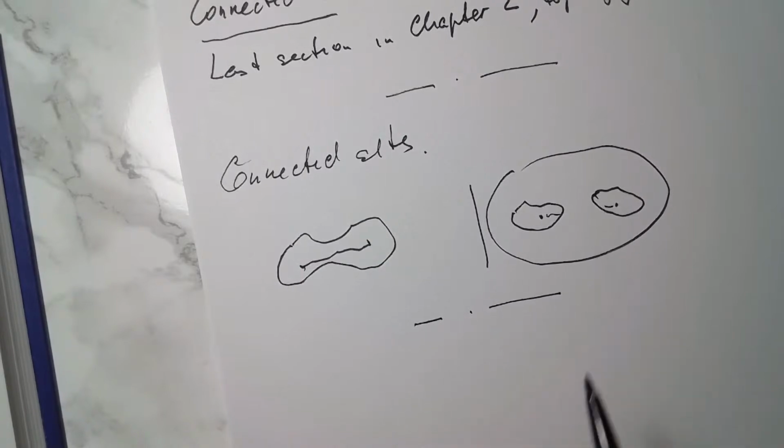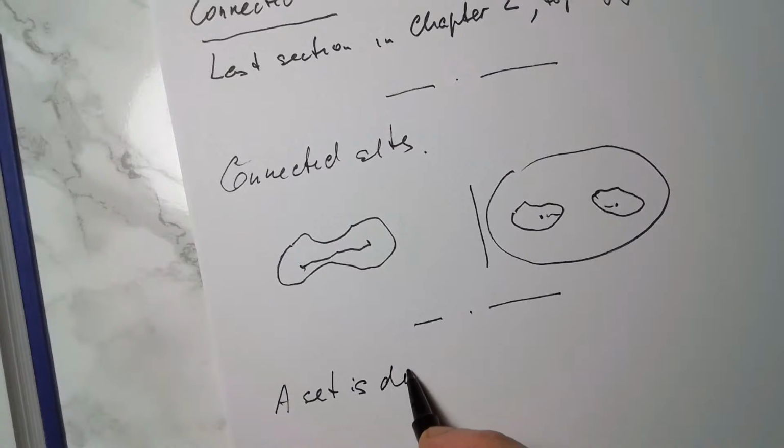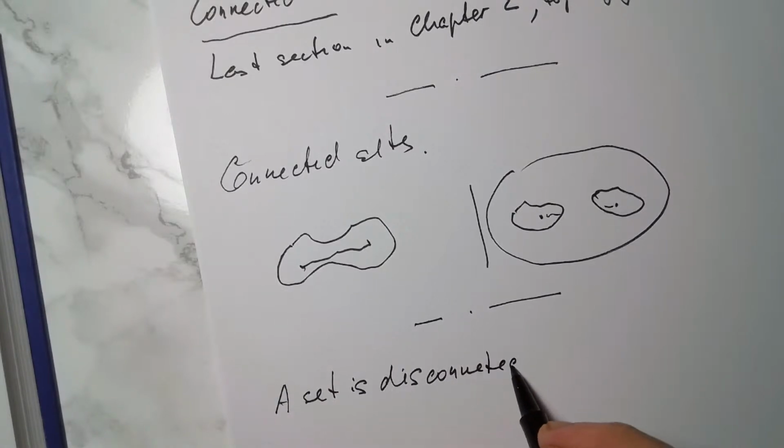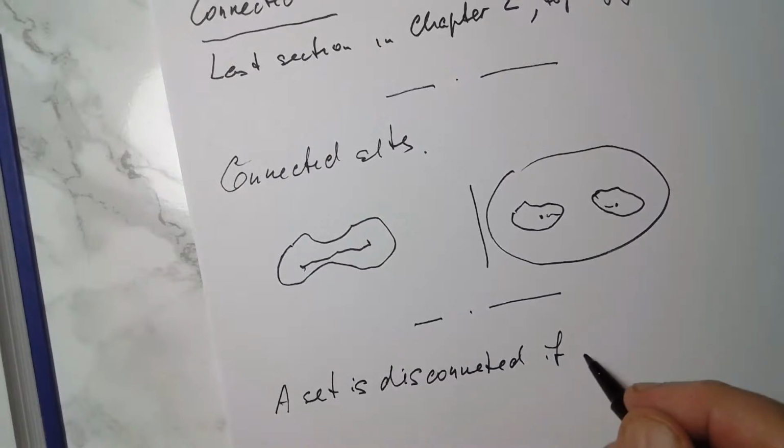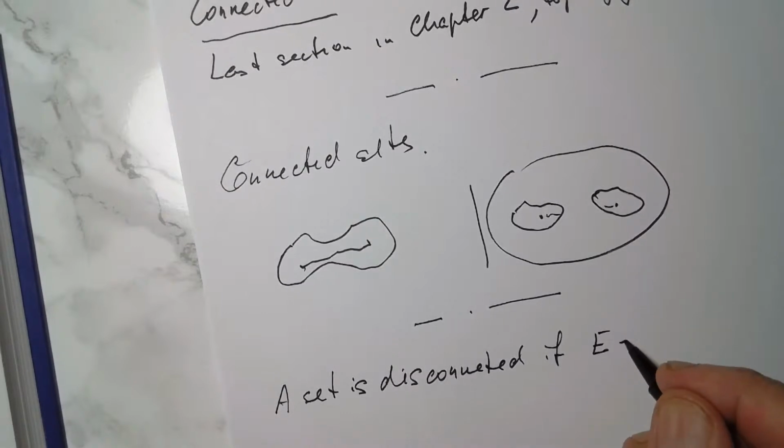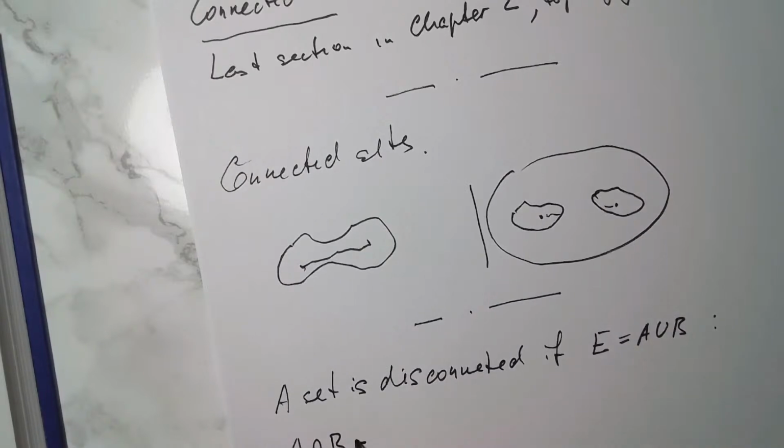And intuitively, if you look at this particular picture, you will say that a set is disconnected if a set E is a union of two sets, A union B, such that A and B are disjoint.